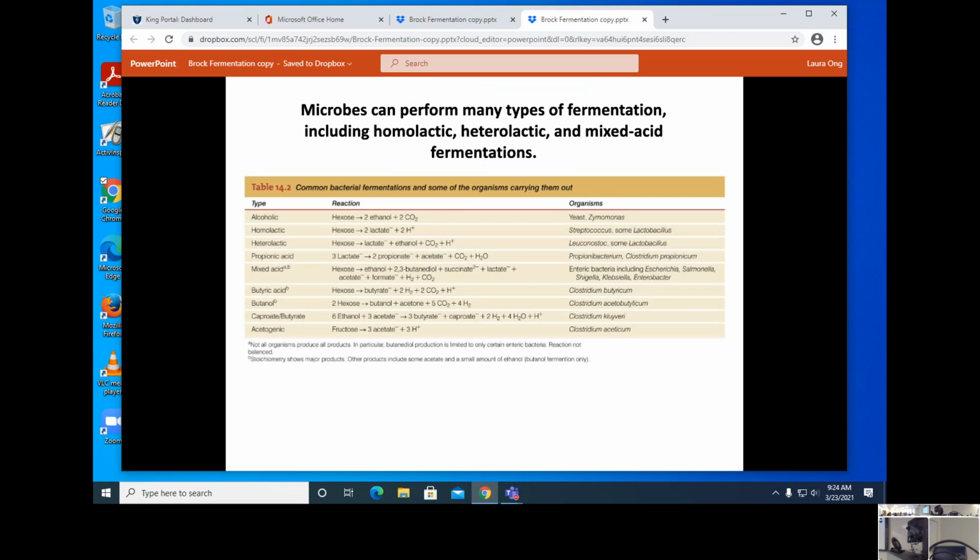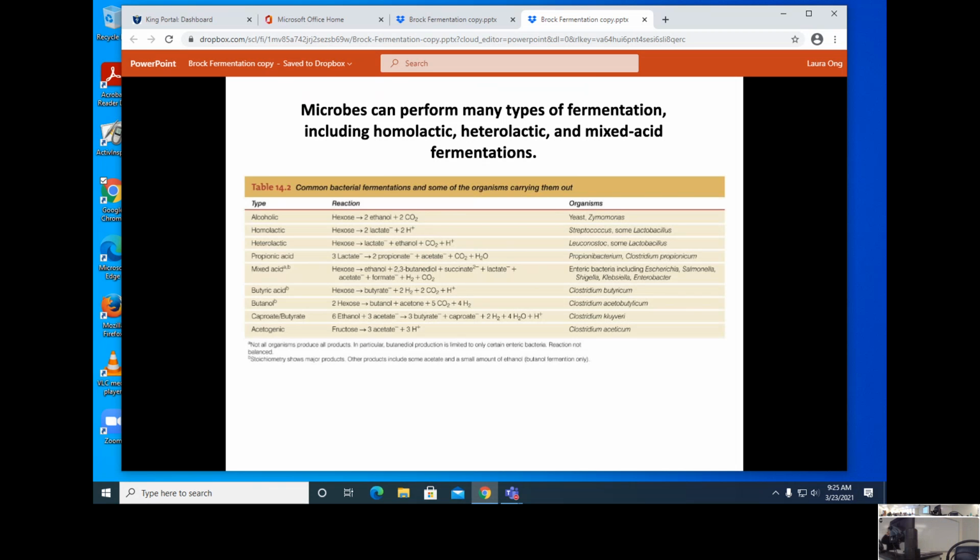And then one more definition, organisms that do mixed acid fermentation produce wastes that are more than one different acid. So they're making multiple acids as a waste product. That's mixed acid fermentation.